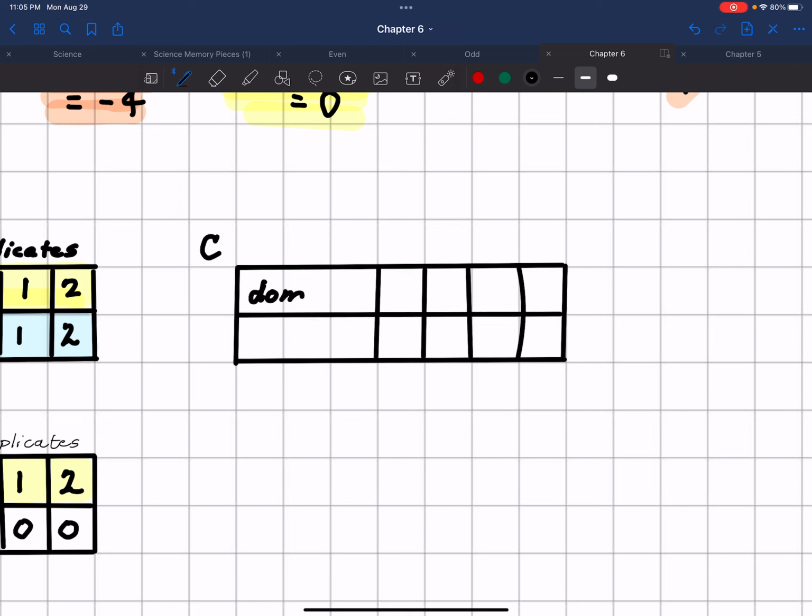Domain. Range. And here are the values. -1, -1, 0, 0, -1, 1, 2, 2.